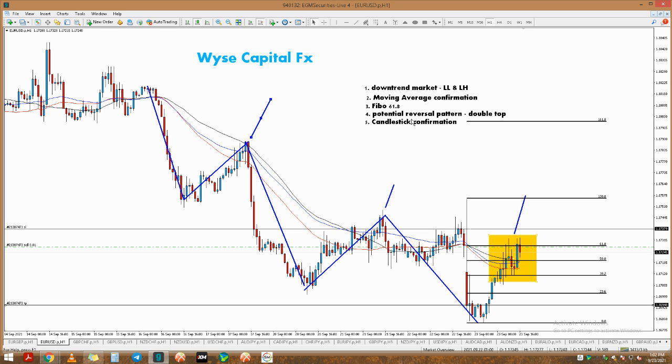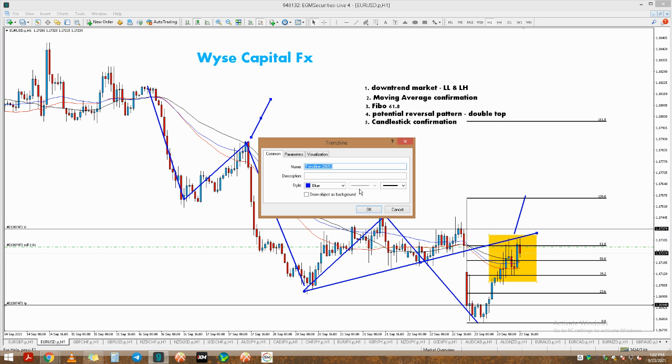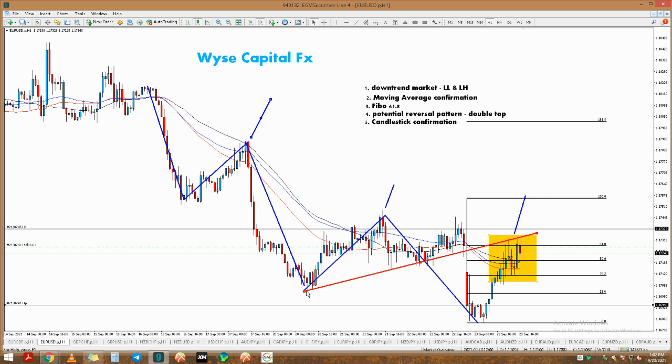Then we have other reasons. We have a trend line right here. Do you see this trend line? Let me put it in color red. There is a trend line down here that has been broken and price has come to retest it.